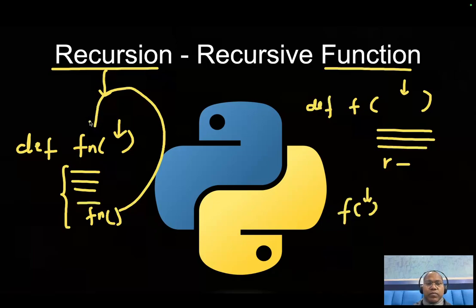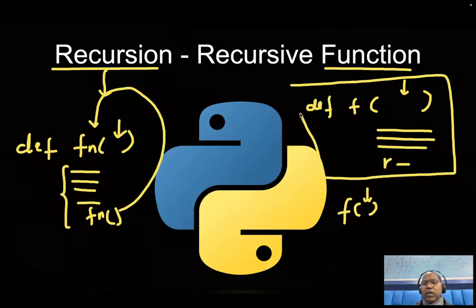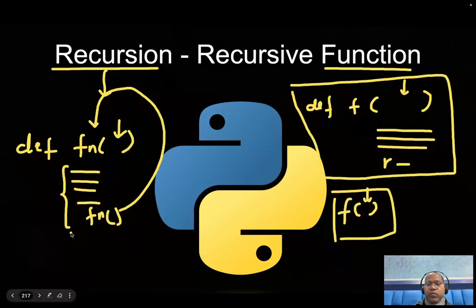Generally we first define the function and later invoke it where we want. But it is also possible, while defining a function, to invoke the same function within its own body.